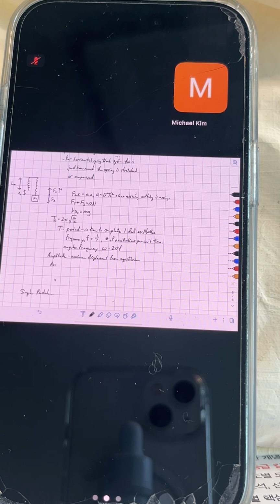So if we assume we're at max displacement at time t equals 0 seconds, then our x of t is just our amplitude times cosine. And then you can do this as 2 pi t over capital T, or using the other ones, I can do this as 2 pi ft, or this is A times cosine omega t.